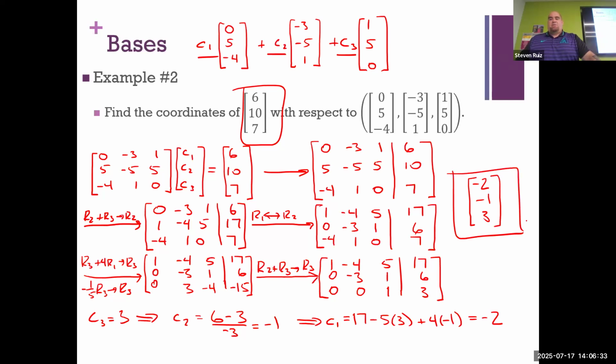Is there any need to check? So the last example we did, we had to make sure that we didn't have some kind of inconsistency. Do we have to make sure here? I don't think we do. Maybe we should if we have any doubt, but why can we get away from that this time? In this case, I have 3 equations for 3 unknowns, right?